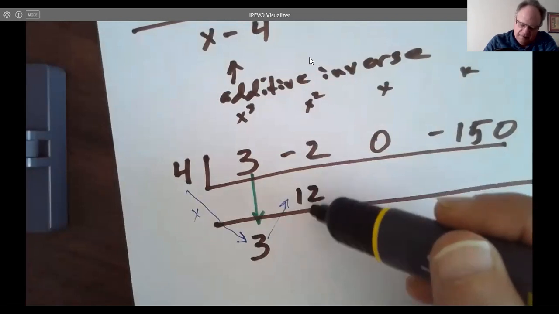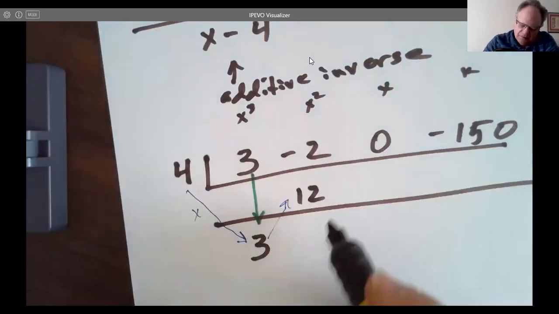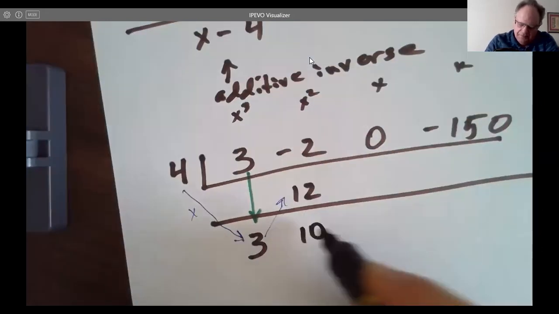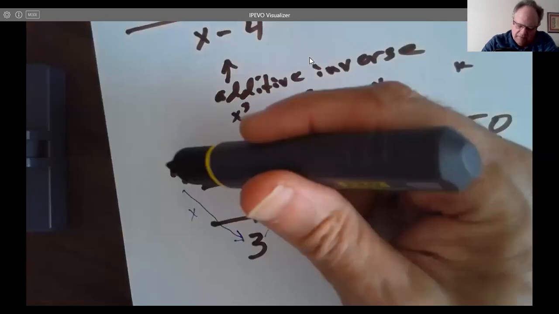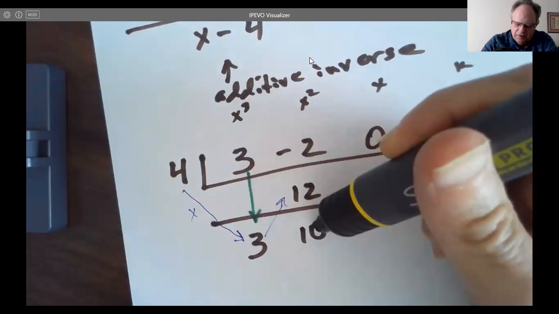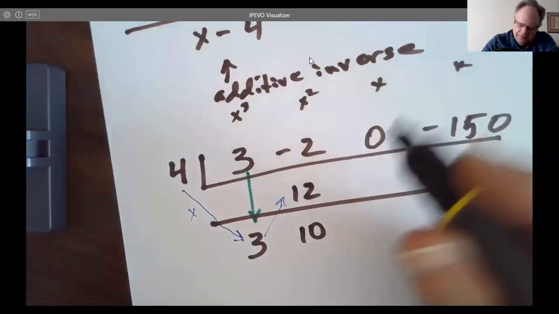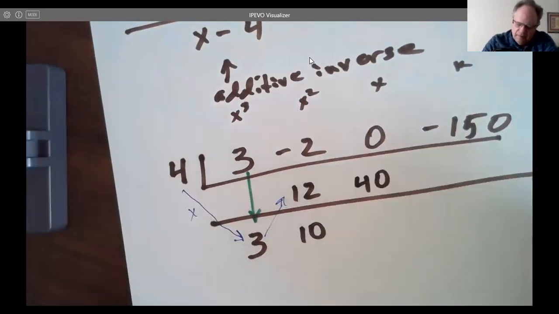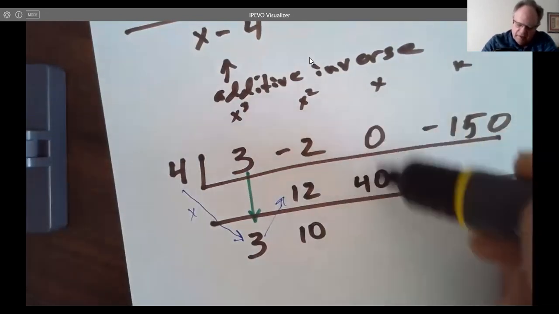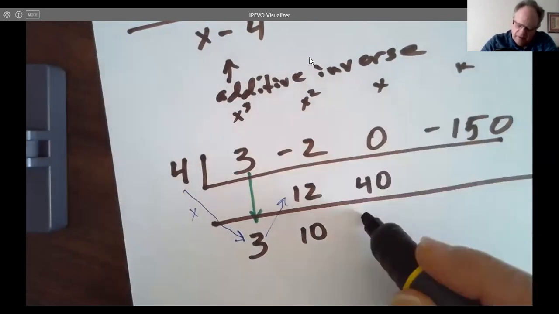If the signs are the same, you add. So you got a -2 and a +12, you subtract and you get 10. So now we're going to multiply 4 times the bottom number again. 4 times 10 is 40. Put it in the second row. And again, add or subtract based on the signs. You got a 0 and 40, so that'll be 40.